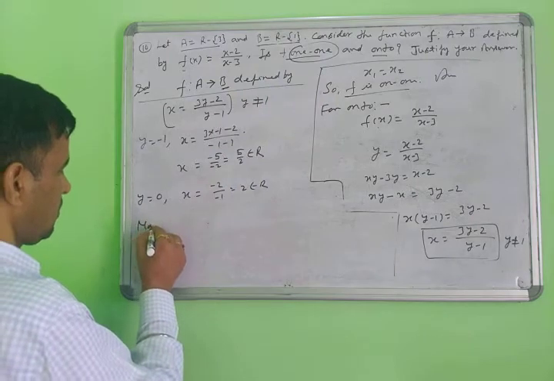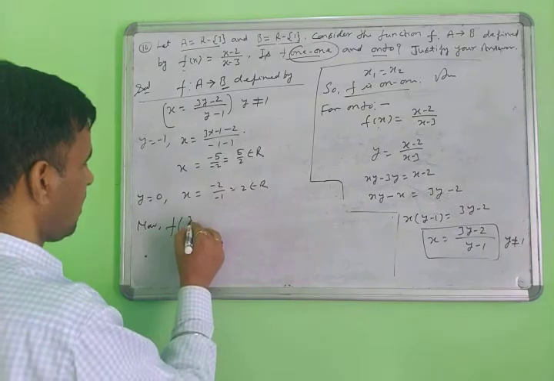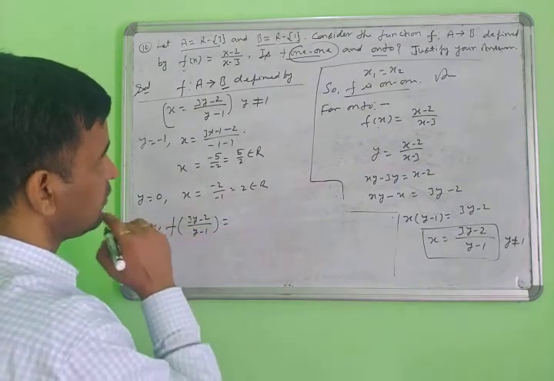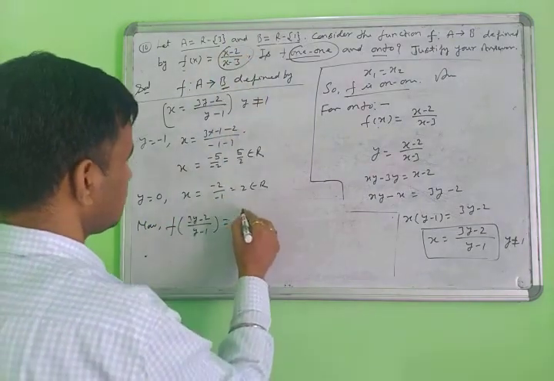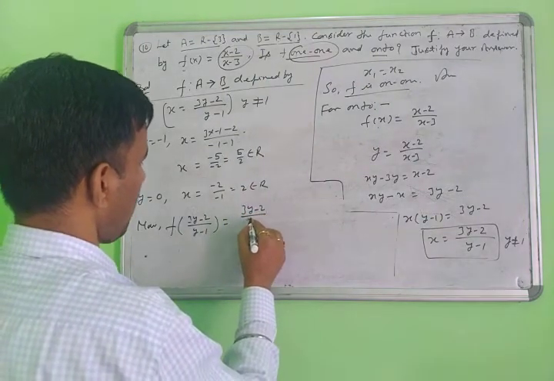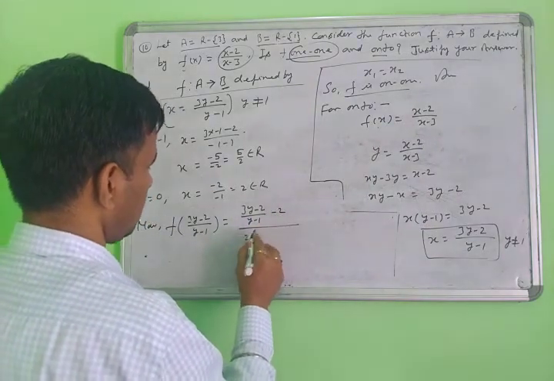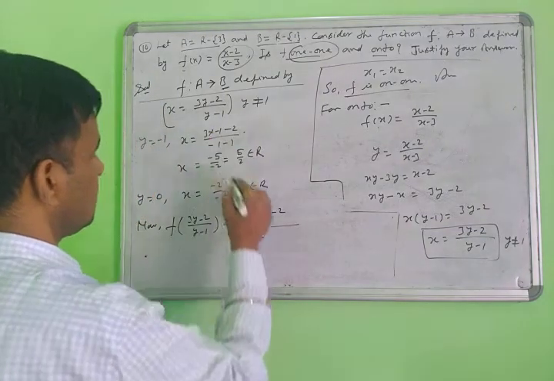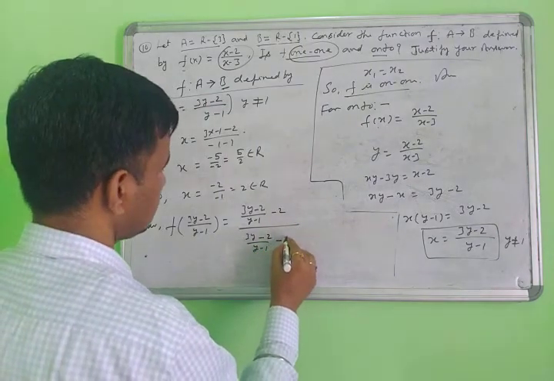Now, putting these values in the function f(x): the value of x is (3y minus 2) upon (y minus 1). Putting here x minus 2 upon x minus 3, that is (3y minus 2) upon (y minus 1) minus 2, upon (3y minus 2) upon (y minus 1) minus 3.